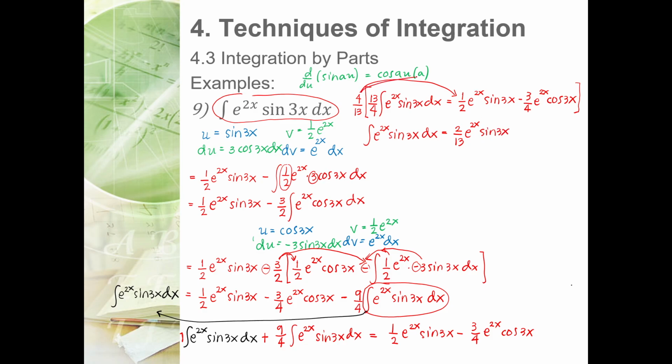Then 4 over 13 times negative 3/4, that will be negative 3 over 13 e to the power of 2x cosine 3x plus c. So this is the answer of your integral.